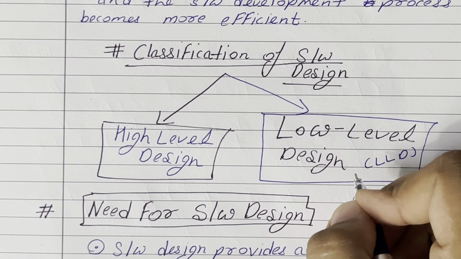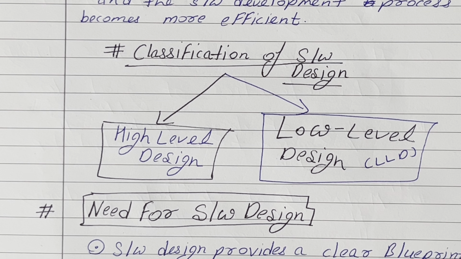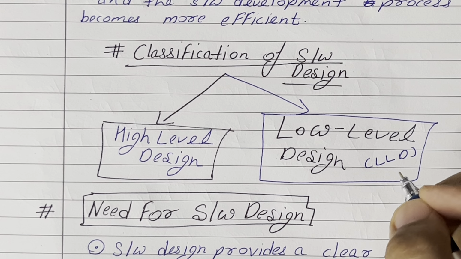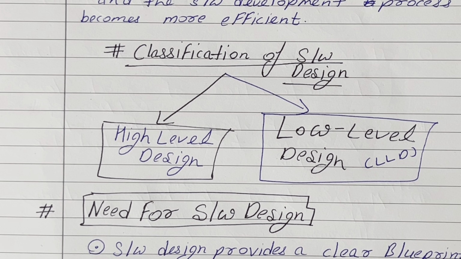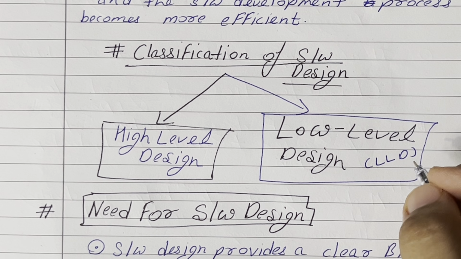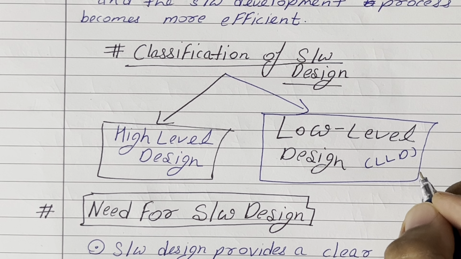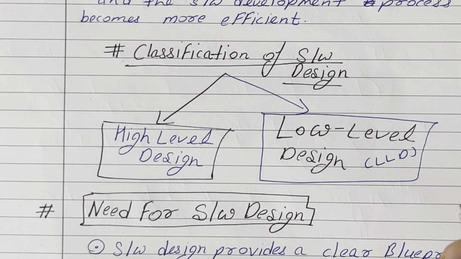And if we talk about its definition in a simple way, it is the process of defining the detailed internal design of each software module by specifying classes, methods, algorithms, data structures, database operations, user interface behavior, validations, and exception handling mechanisms which are required for implementation.